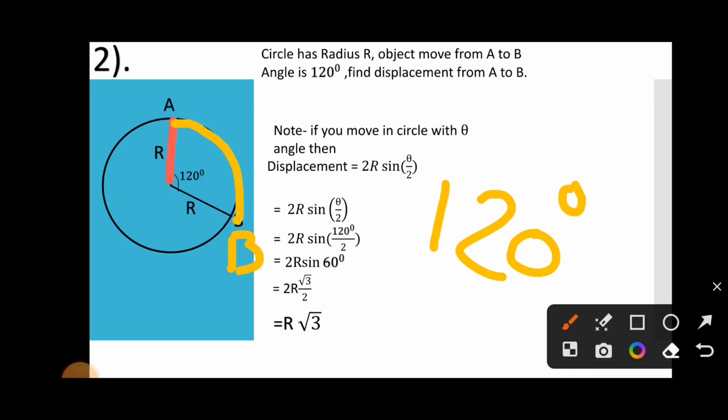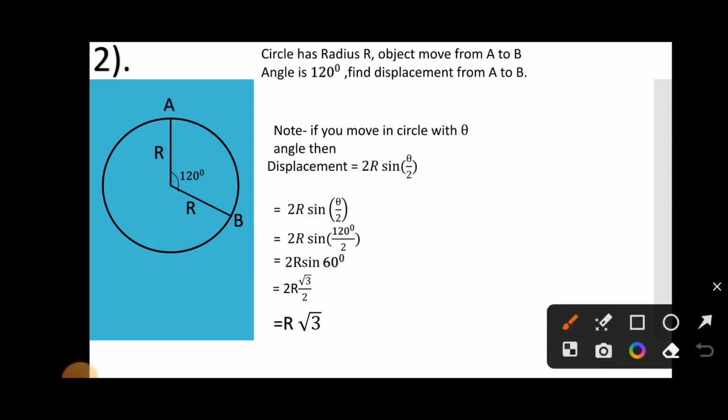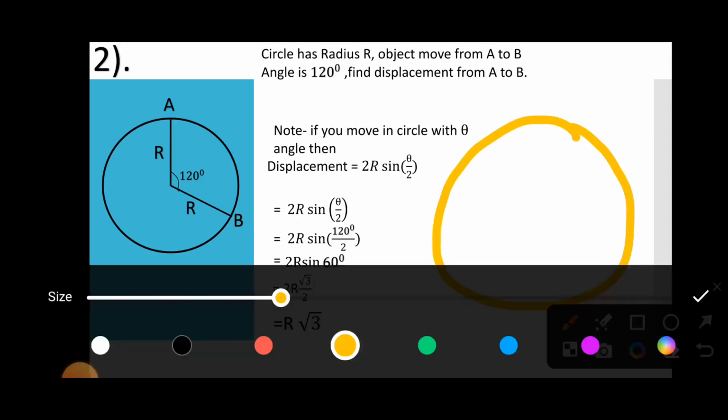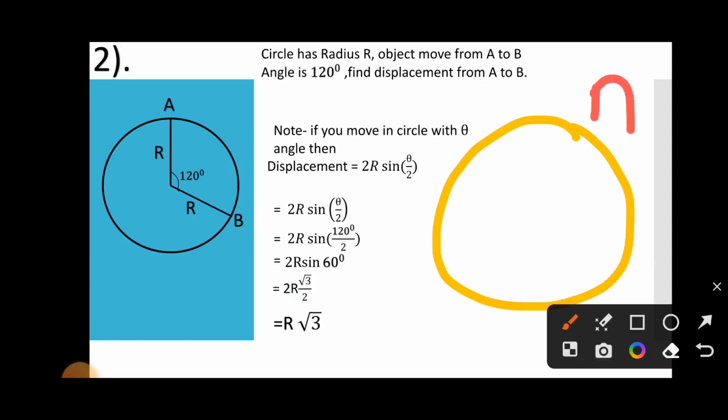So here, note down that if you move in a circle from point A to B, suppose here is point A and here is point B, then some angle is created, which is theta angle.